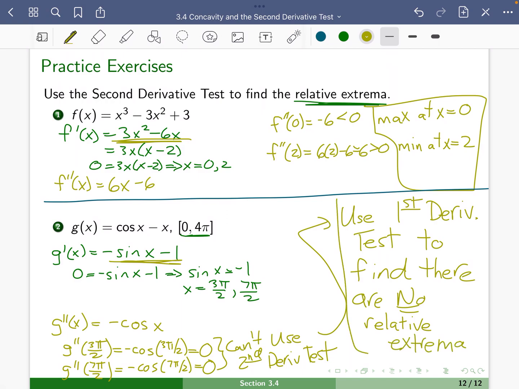And again, the way you would go through and find that is you would do a sign chart. And when you do that sign chart on that first derivative, you will find that we always end up with values that are either 0 or negative. So it is decreasing everywhere.